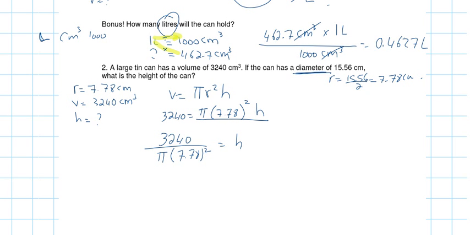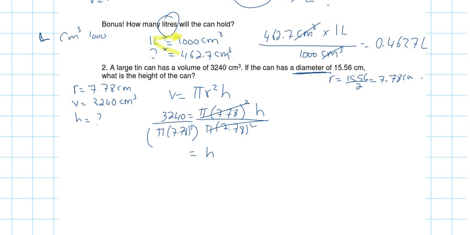If I write this in a more elaborate way, I divide both sides by this, because then this cancels and I'm left with h by itself. Can you do that for me? Make sure that when you do the denominator, you put it in brackets. Otherwise, it won't give you the right answer.